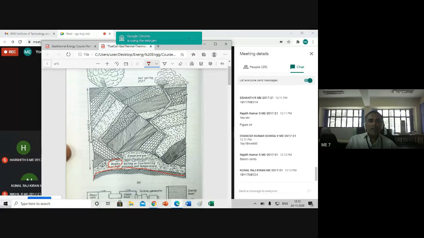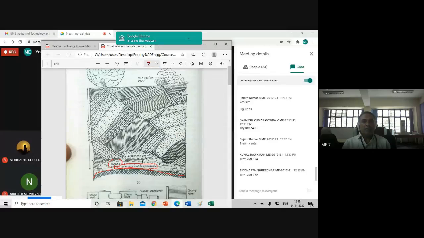So here, high temperature. Look at this. High pressure and high temperature, and various earth, rocks, soil, various things will be present.